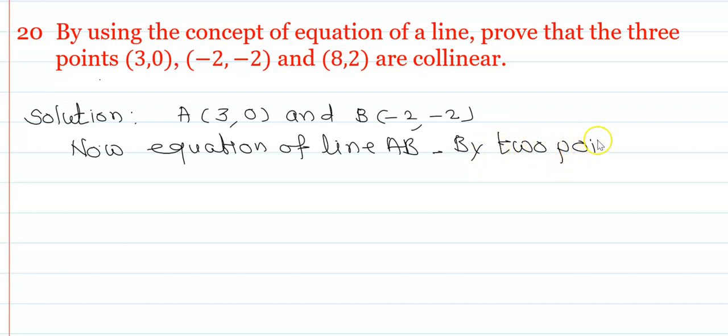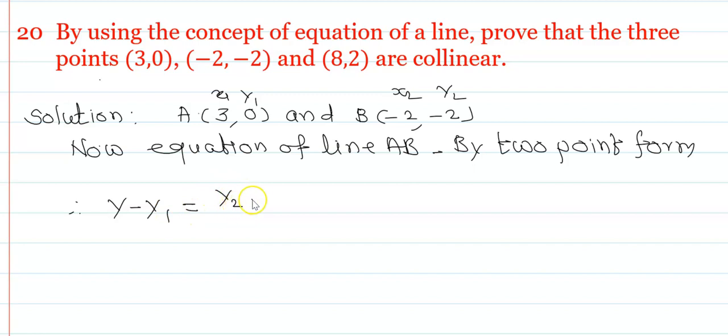These are x1, y1, and here x2 and y2. What is that equation? y minus y1 is equal to y2 minus y1 upon x2 minus x1, in bracket x minus x1.